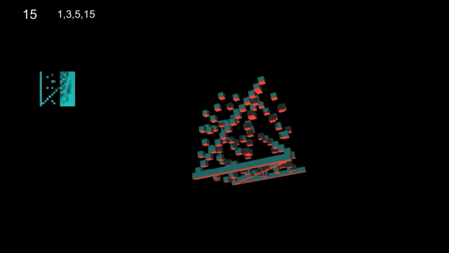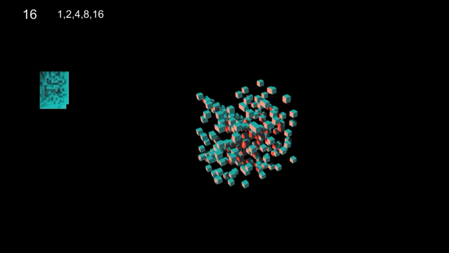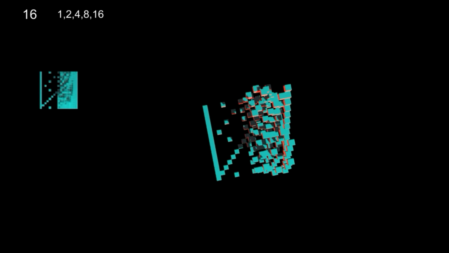Something else to note, and sometimes you'll see it depending on the angle of the 3D model, like this one, is that you notice all the angles that were being built there, something you can't really see in a 2D model.